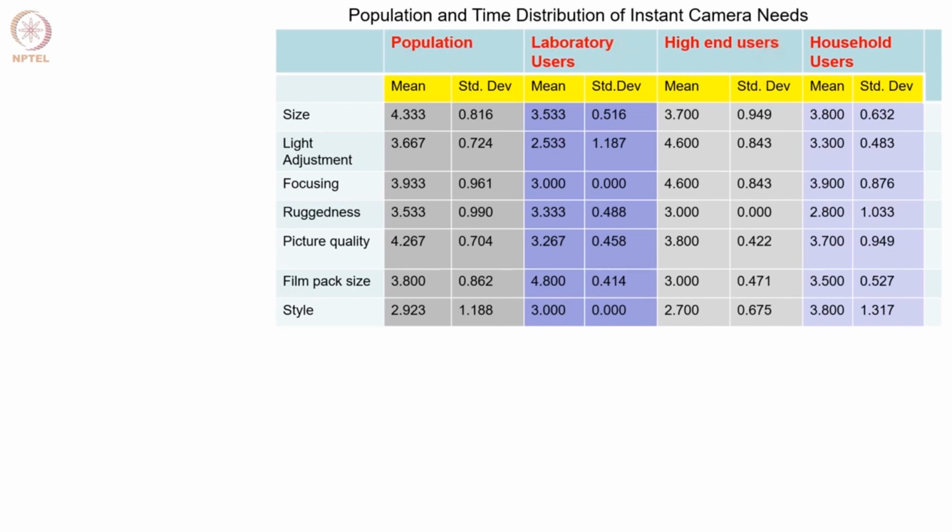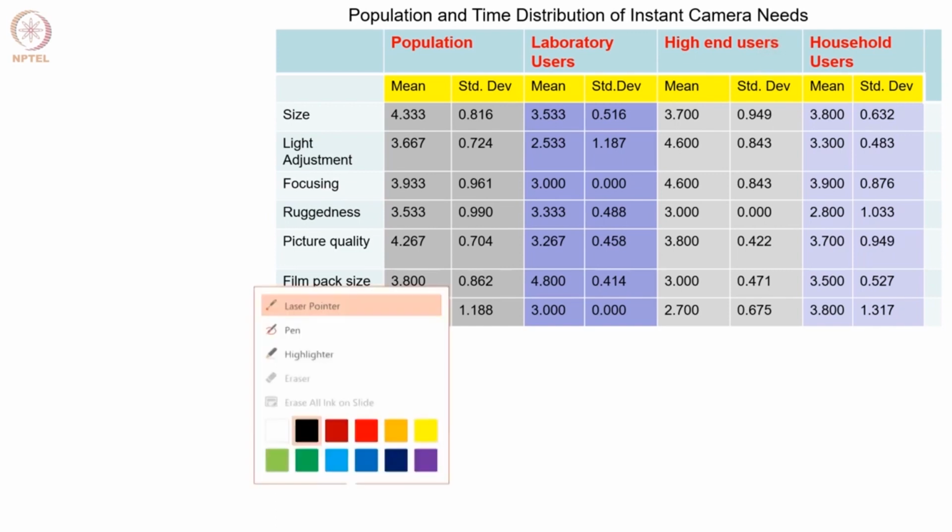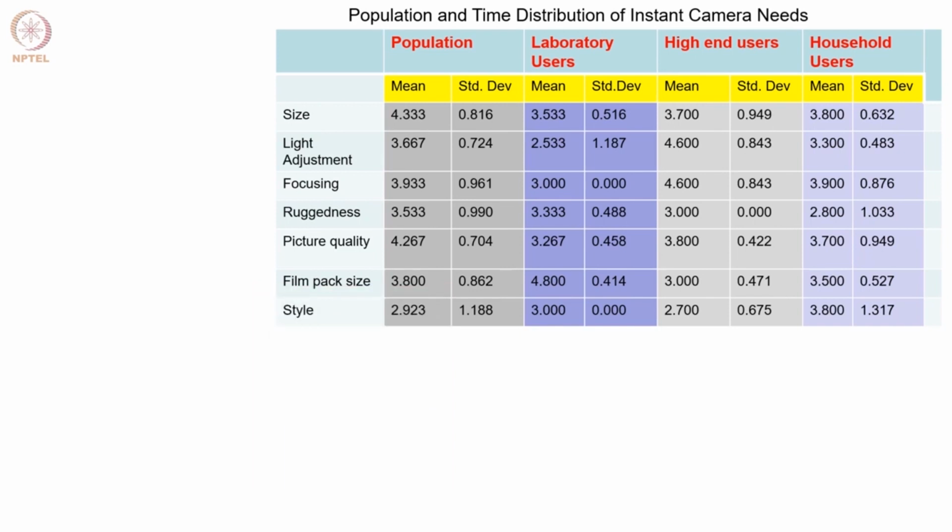You can see this will be the population mean and standard deviation, this will be for the laboratory users, this for the high end users, and this for the household users. So, we can get this information. Now, based on this information you need to take a decision on what should be the architecture. You can take each one of these and analyze it and then decide what will be the requirement of the customer.